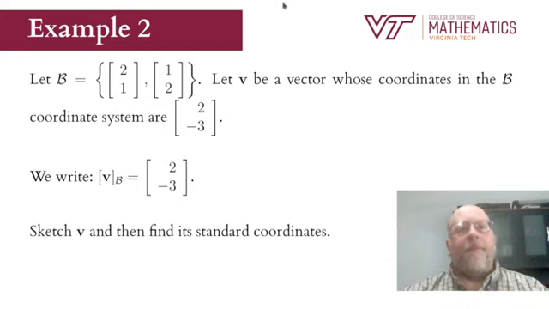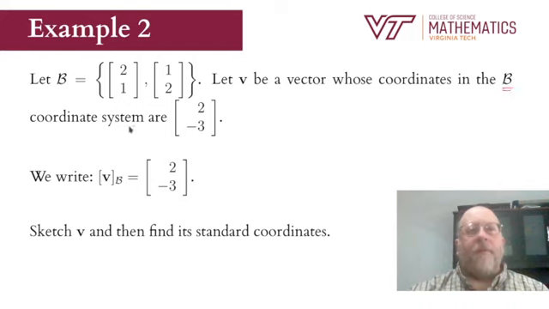So here's an example. We have these two vectors. These vectors are linearly independent. We did this row reduction already in example 1. And so we have a vector whose coordinates in the B coordinate system, that is using B as the coordinates, has coordinates 2, -3. And this is what that means. And this is how we write this.